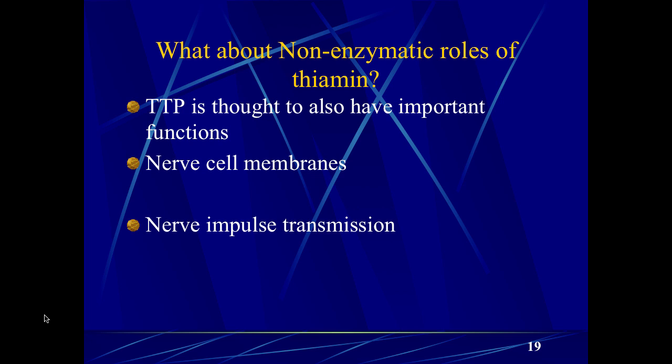One of the reasons they think that's the case is, it's somehow associated with the membrane, and when you take neurons in the lab and you stimulate them, the thiamine triphosphate hydrolyzes. The phosphates come off.